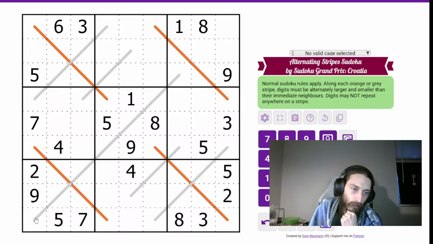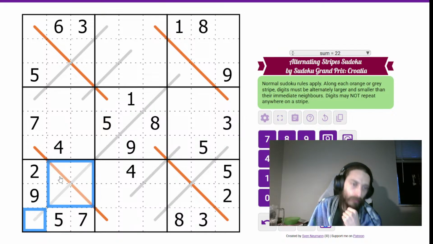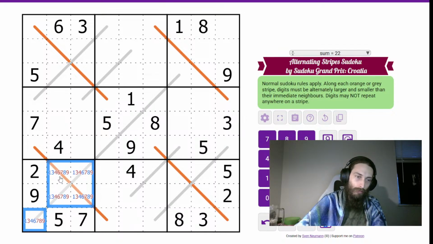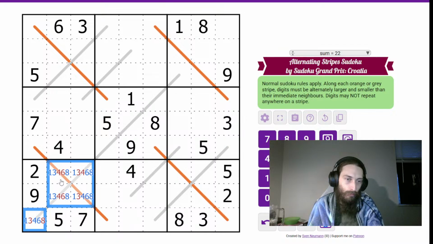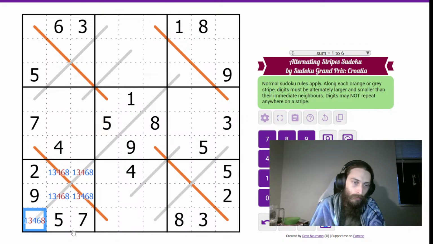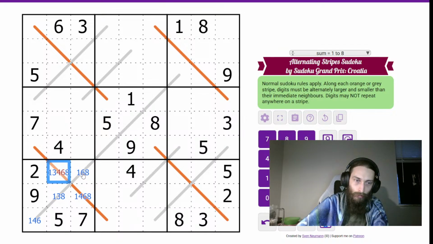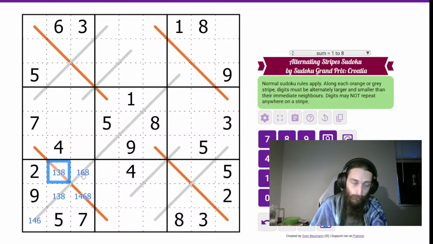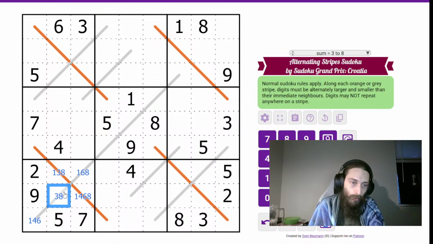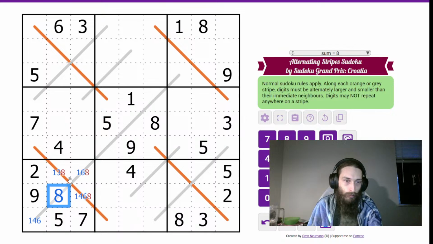Well, in that case, this should be fairly straightforward. 2, 5, 7, and 9 are all removed. 3 and 8, 4 and 6, 3 and 4, 3, 4 and 6. And you can't put 1 in between 2 digits. And then 8 wouldn't have a larger digit, so this would have to be 8.